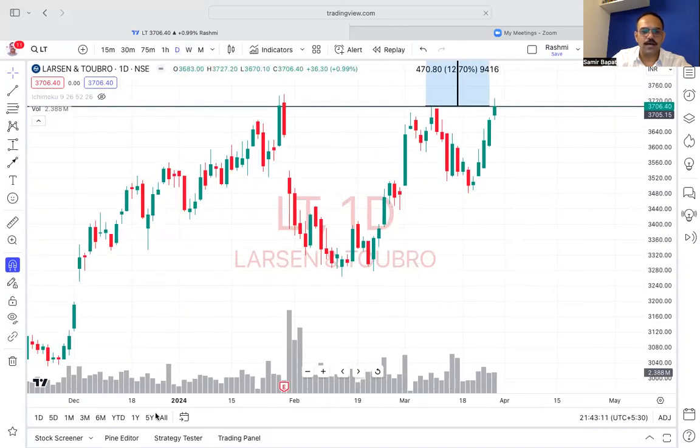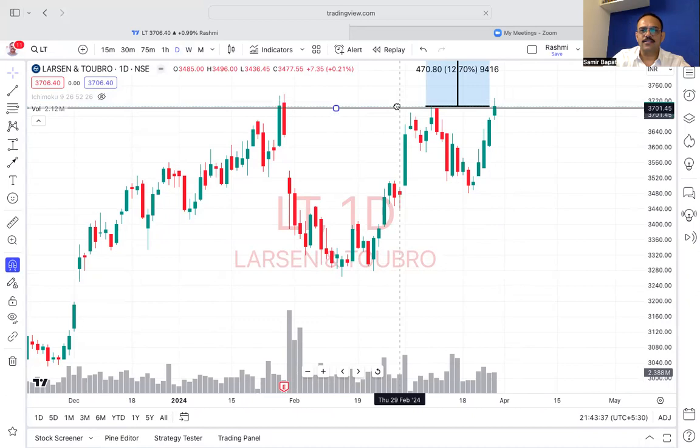If you see right now, how many of you are able to see cup and handle here? Yes. So we have a cup and we have a handle. This is the high. We have joined the high. We can even join the high here.